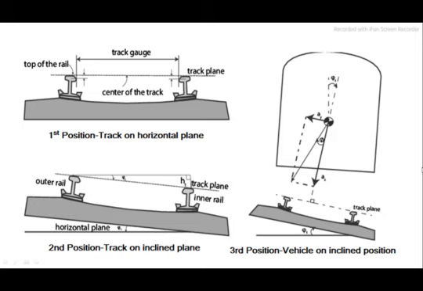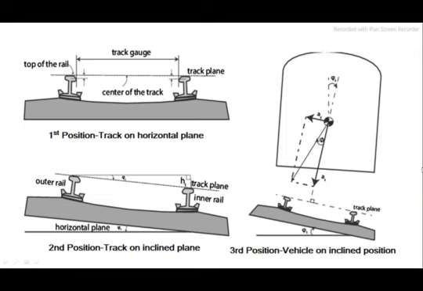Then, to manage the effect of large lateral forces, the outer rail needs to rise with respect to the inner rail, that is providing superelevation, which means introducing twist.